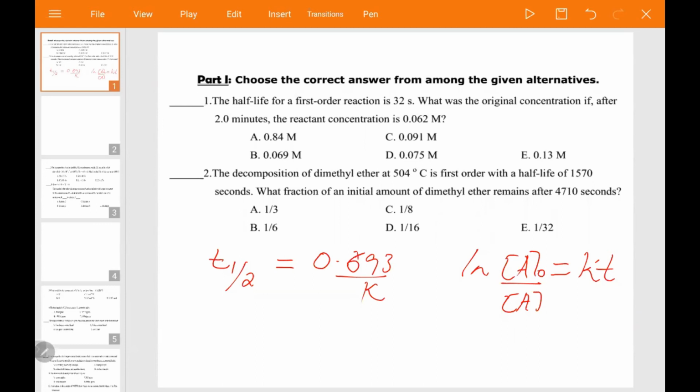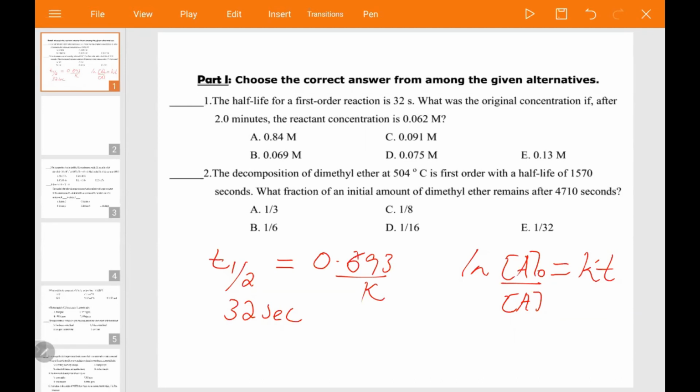The half-life for a first order reaction is 32 seconds. What was the original concentration? You are asked for A naught, if after 2 minutes the reactant concentration is 0.062.